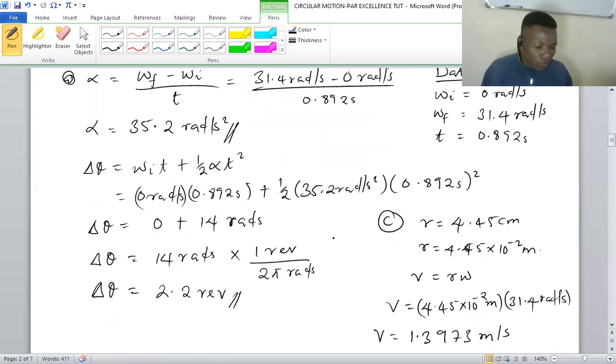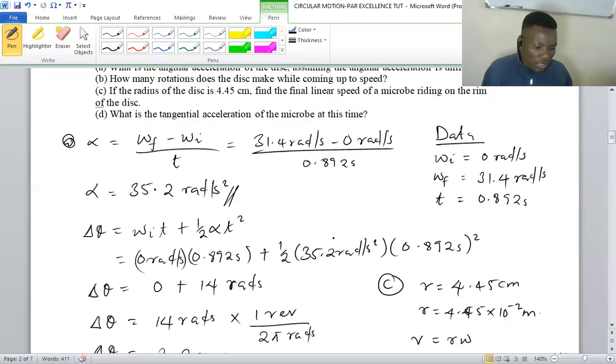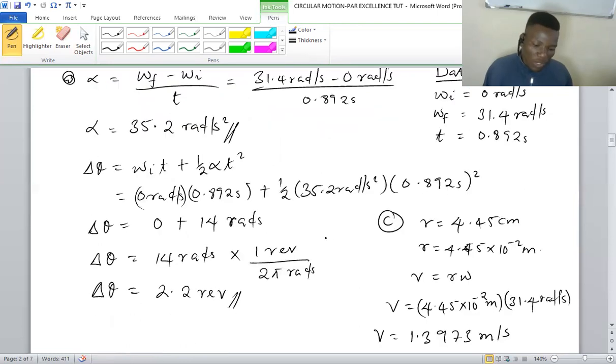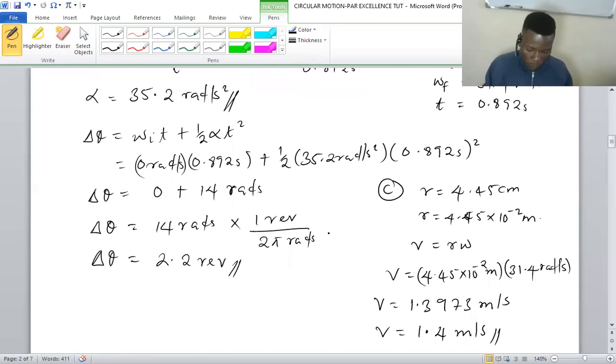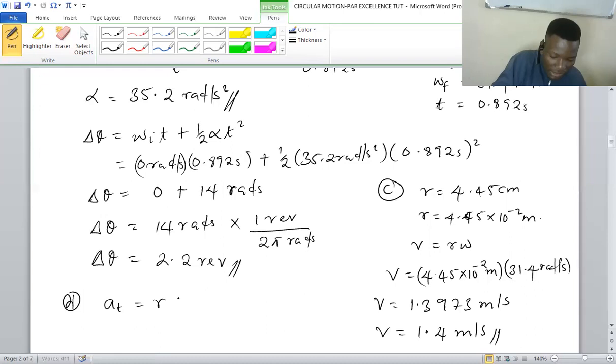And also, D says, what is the tangential acceleration of the microbe at this time? We also still remember the relationship, where tangential acceleration is given by radius times angular acceleration.